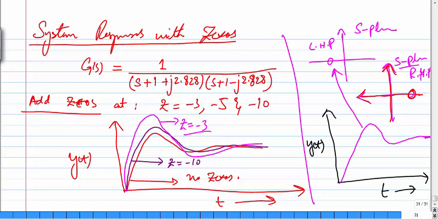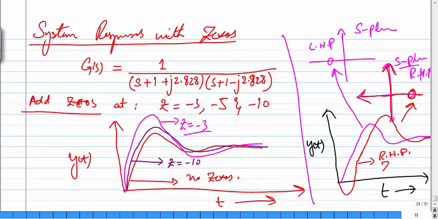The interesting thing is when we have a right half plane 0: instead of going in this direction, the response will first start going in the opposite direction, then go in this direction. This makes the response a bit slow. This is because of the right half plane 0. With a right half plane 0, the response always starts in the other direction and then comes back.